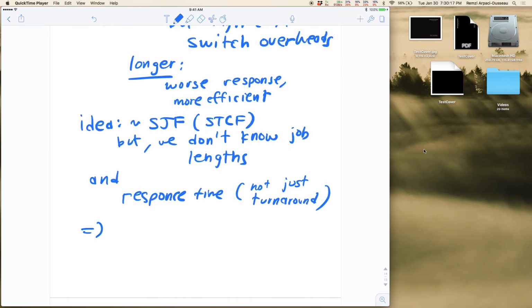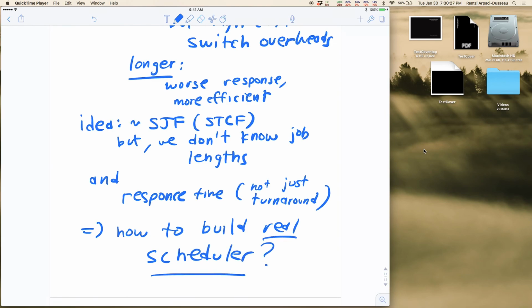So how do you build a real scheduler that takes into account all these things and achieves all those goals at once? That will remain a mystery for today, but we will pick that up next time.